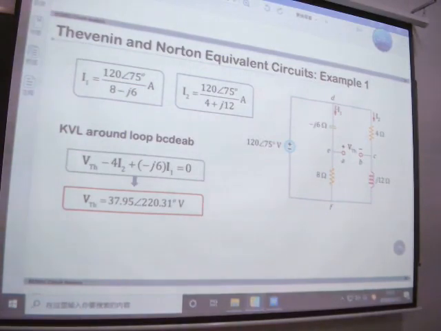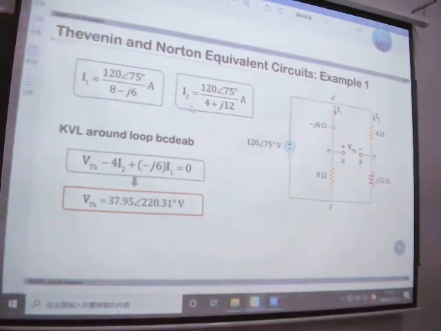Okay, we just suppose on this branch the current is I1, so I1 times this is equal to the voltage, and I2 times those is this voltage. So we get this one and this one.